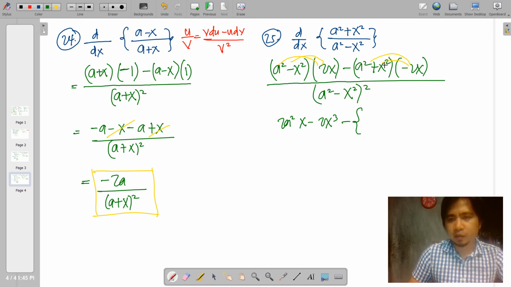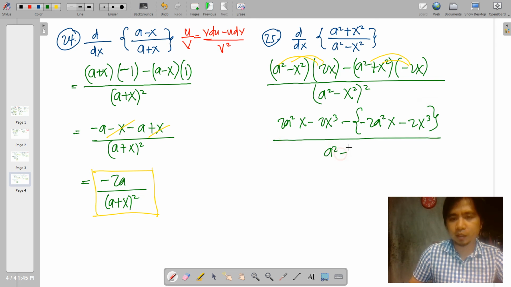So for the meantime, ito muna. So negative 2a squared x. Alright. And then negative 2x cubed. Okay. So just copy that.